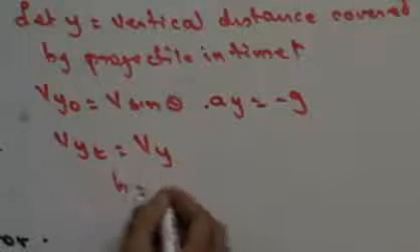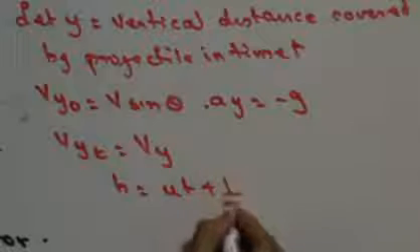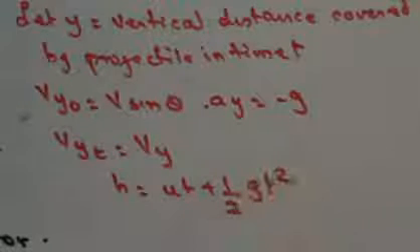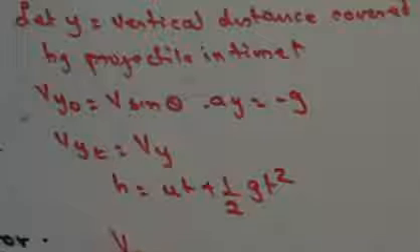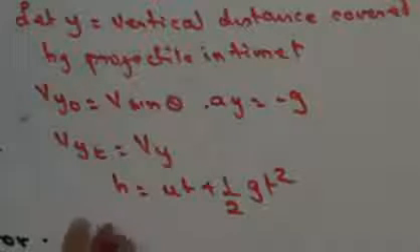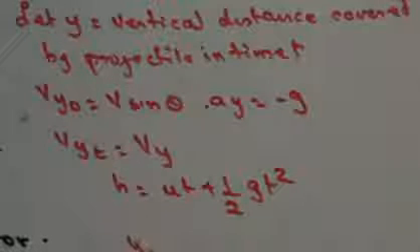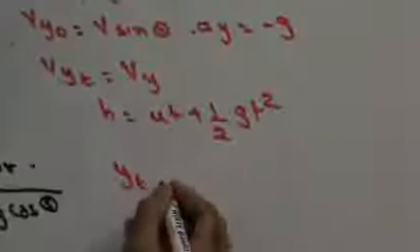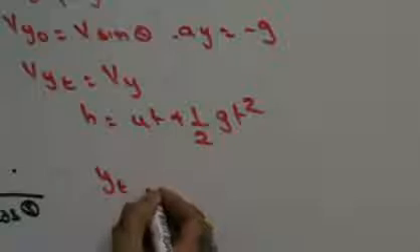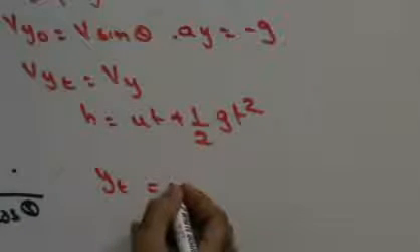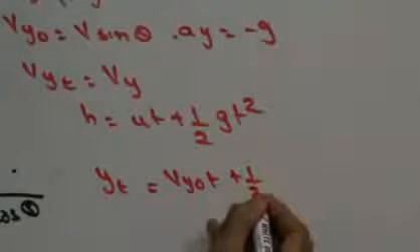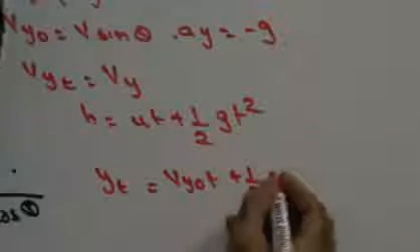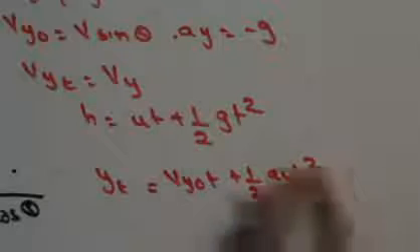I can say h is equal to ut plus half gt square. If I convert this from kinematical into projectile form, I get y equals vy0 into t plus half a y t square.